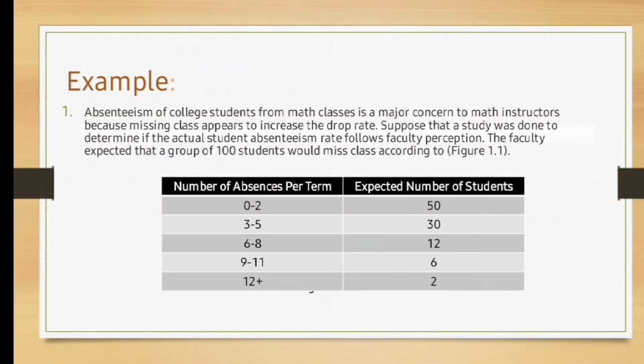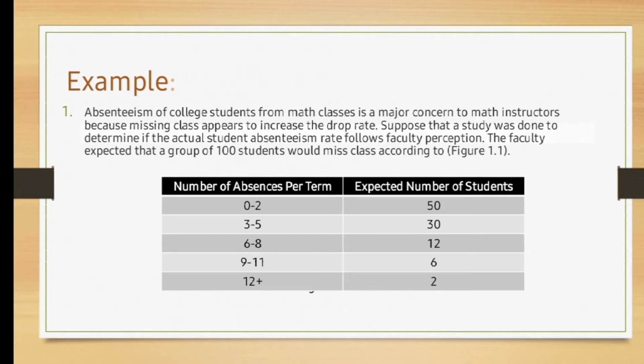Now let's have the example. Example number 1. Absenteeism of college students for math classes is a major concern to math instructors because missing class appears to increase the drop rate. Suppose that a study was done to determine if the actual student absenteeism rate follows faculty perception.